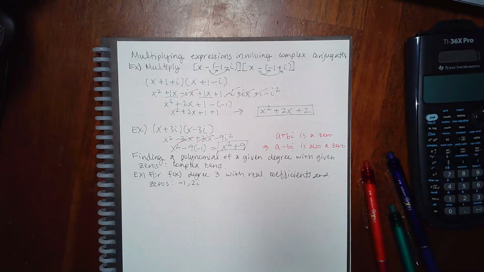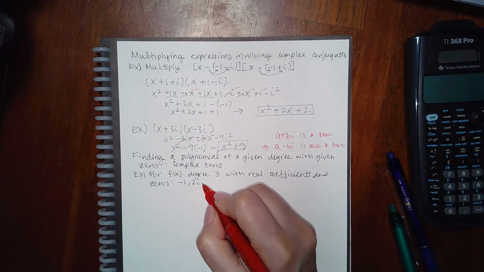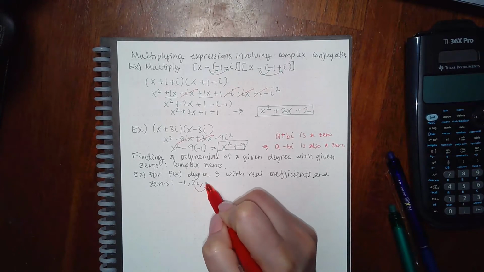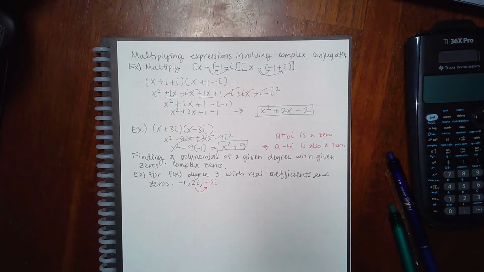Okay? So even though they only gave me 2 zeros here on paper, they actually gave me a third, because according to the conjugate zeros theorem, automatically negative 2i is also a zero. So there's actually 3 zeros that they've given me.